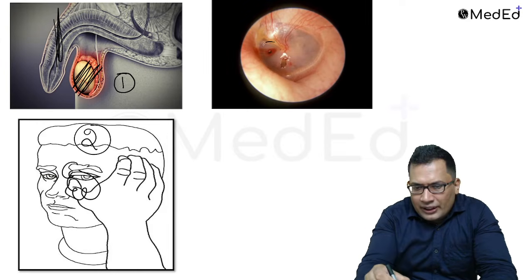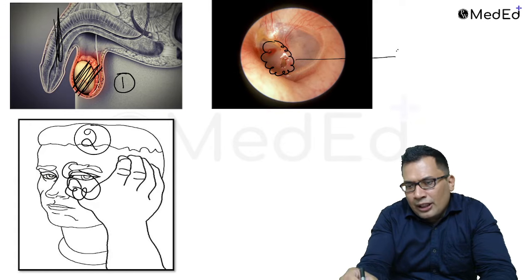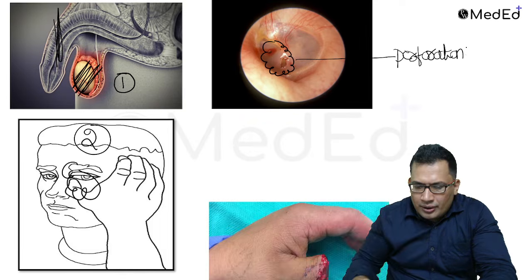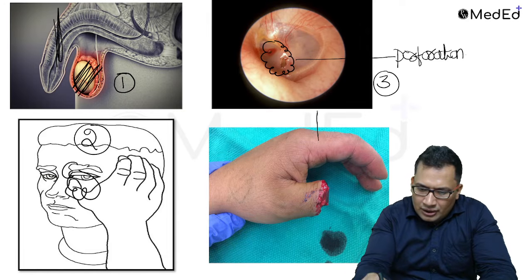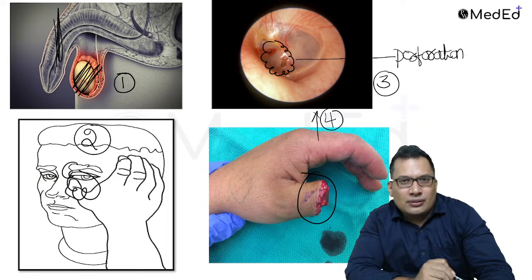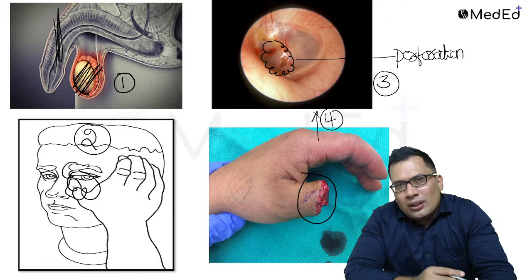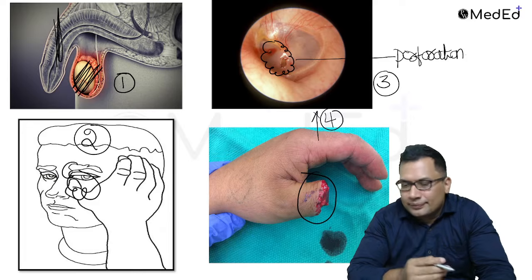Clause number 3, here we can see the tympanic membrane and there is a tympanic membrane perforation. Clause number 4, there is an amputation of the thumb because of a road traffic accident or assault or some other cause. So this is clause number 4, member.